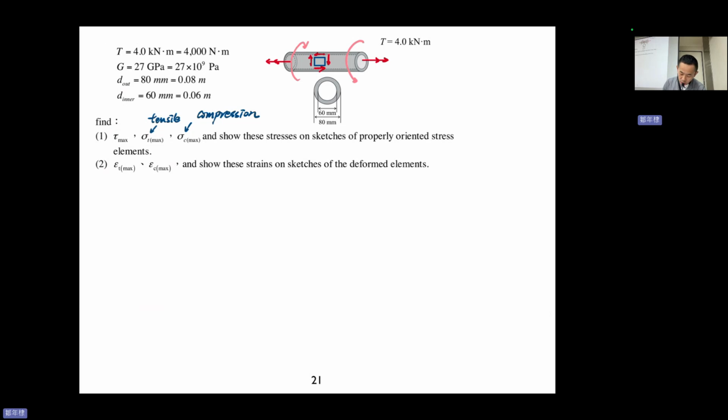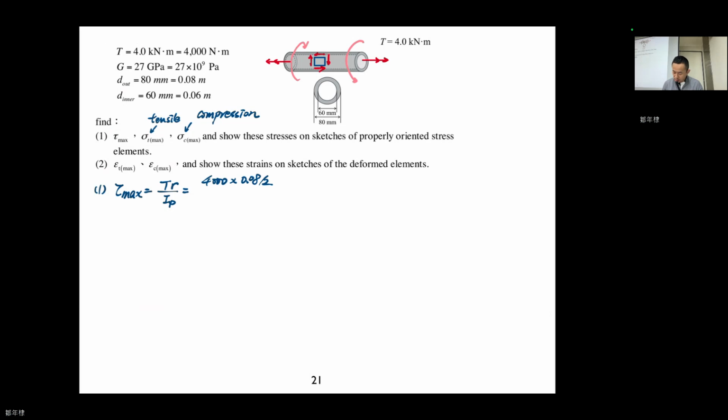All right, so let's find tau max. What is tau max? Tau max equals TR over IP. R should be the radius, right? So 4,000 times 0.08 divided by 2.